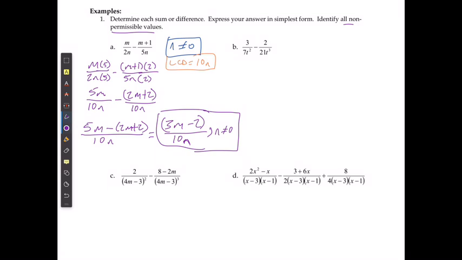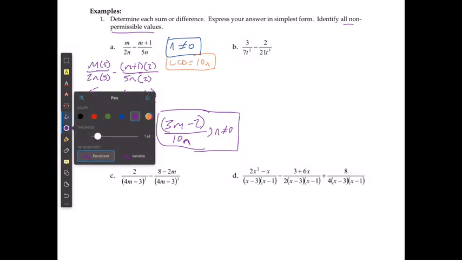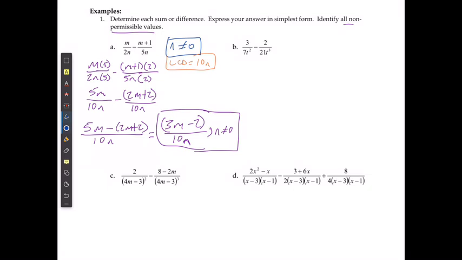Okay, if we take a look at the second case, once again, I can't factor these any further, so I'm going to look, well, if I have 7 and 21, oh, actually, let's do our non-permissible values first. If I'm doing my non-permissible values, if I just have the t's here, just have the t's there, they're not binomials, so t just can't equal 0.